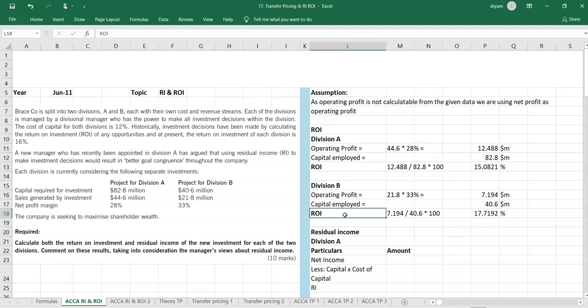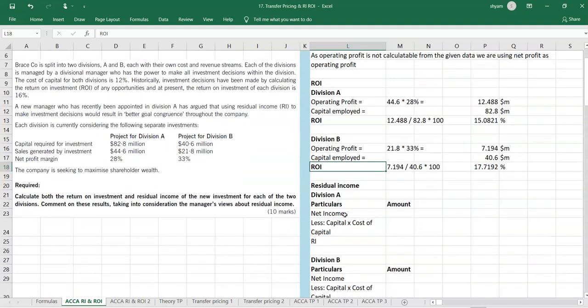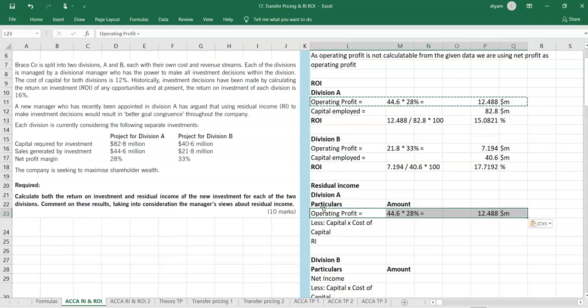So let's get the residual income. The formula is: net income. The net income can be net profit or operating profit. Actually it should not be net profit, it should be operating profit only. Operating profit we have already found out for division A. We'll take that and put it here.